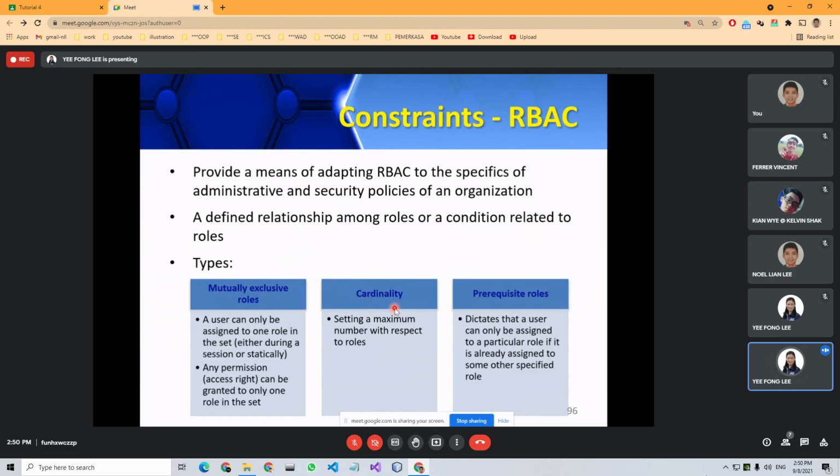Cardinality here refers to setting a maximum number of users that can be assigned to a given role. What is the maximum number of users allowed to access the system resource? Prerequisite here shows that a user can only be assigned to particular roles if they already hold another role. Okay, three types here, three constraints.